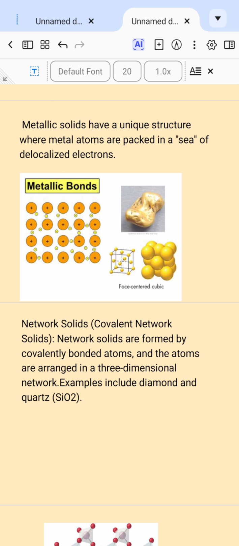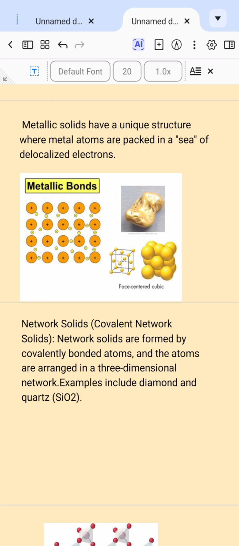This arrangement results in a crystal lattice. So from here we can see that most crystalline solids arise as a result of bonding in which the particles are well arranged in a regular pattern.